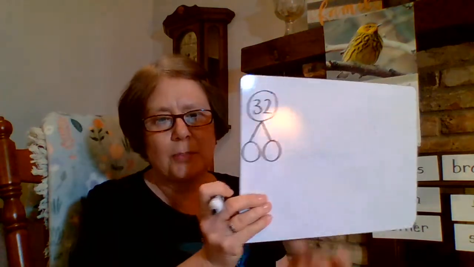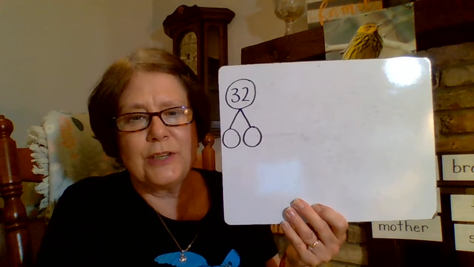All right, now I'd like to look at another one that we have here. And I'd like to write this one down for you also and do it together. We have a whole number of 32. So I'll put the big circle around that. And we're going to break it into tens and ones. So this is the first part of the number bond. We have 32.